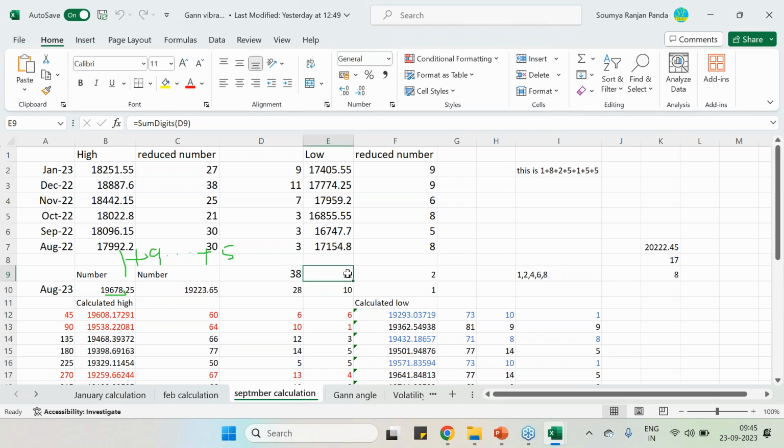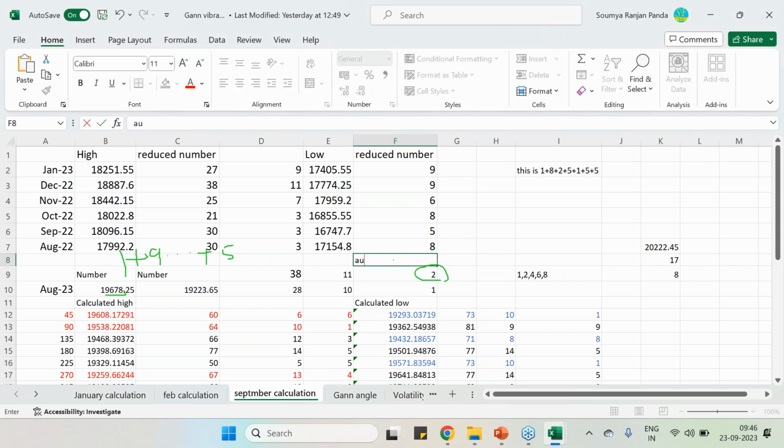Again 38 should be reduced. 8 plus 3 is 11, 11 should be reduced, it is 2. So the vibration number for the August high is 2. So this is the vibration number of August 2023.